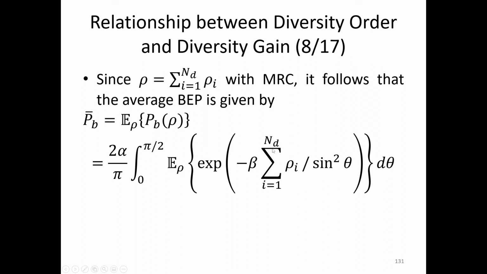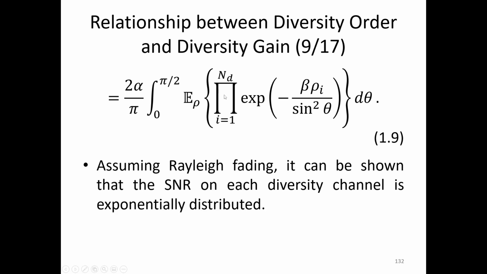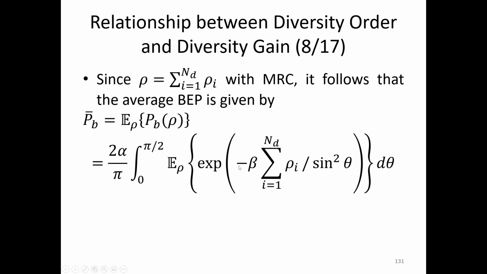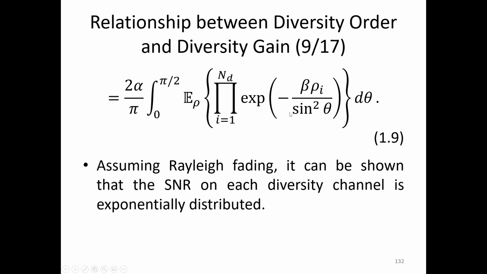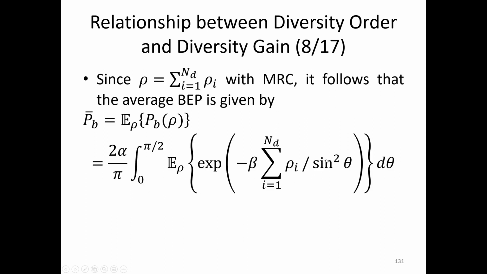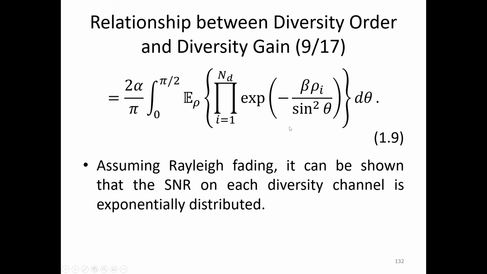And we move the summation out of the exponential. We will get the product from i equal to 1 to nd of exponential minus beta rho i over sine squared of theta, and d theta here.